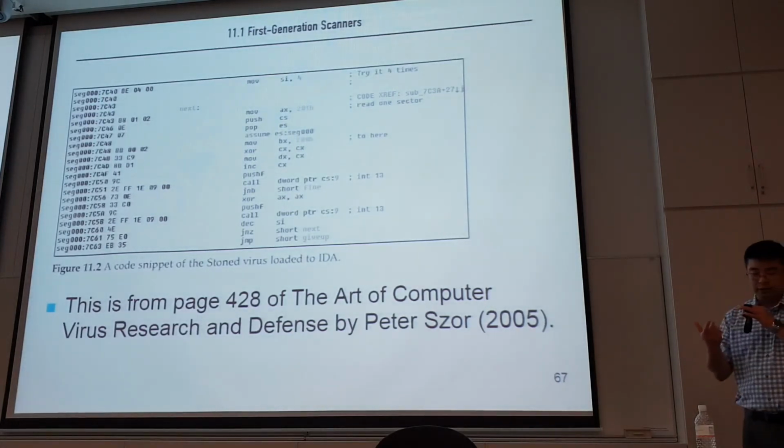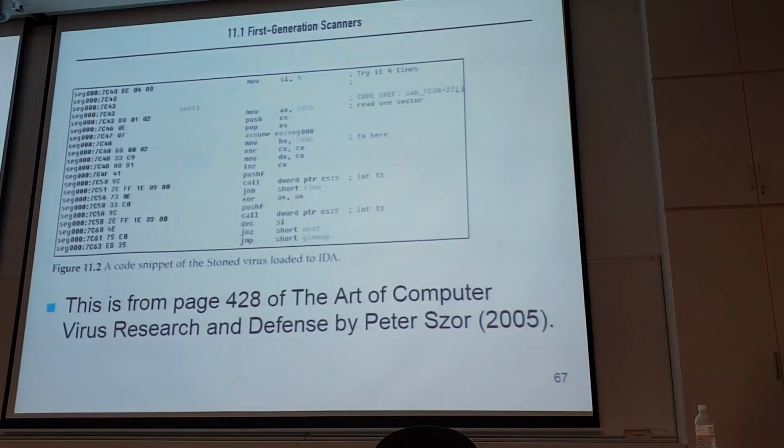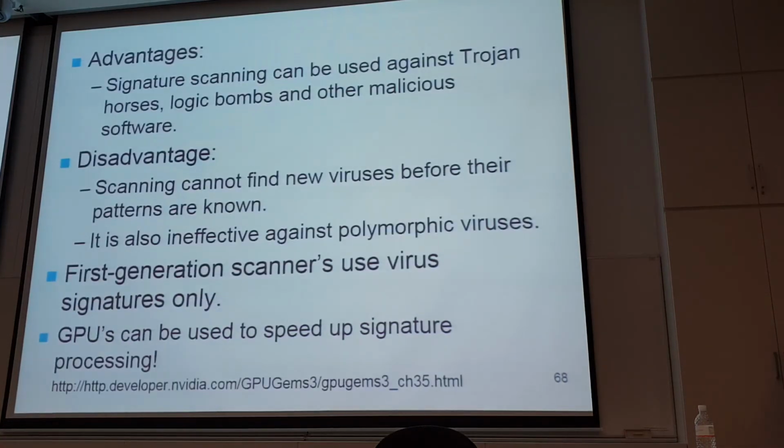Then you scan this piece of code in different objects. If the code sequence exists, then this is treated as an infected file. However, if the virus encrypts itself or changes its format every time, then this kind of scanner will not work. So later we use some other method.